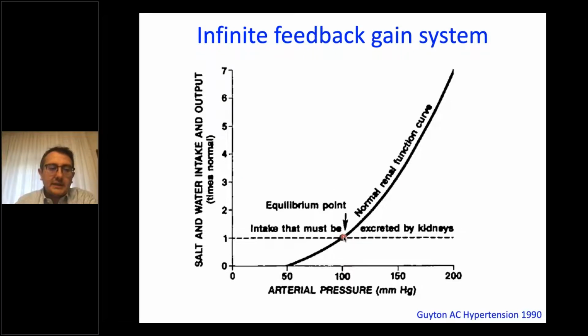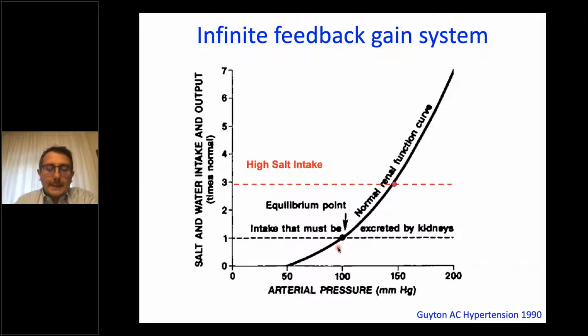And when we increase the salt and water intake, moving along this curve, in order to cope with this challenge, we need to increase the blood pressure. And then all goes back to the equilibrium point.